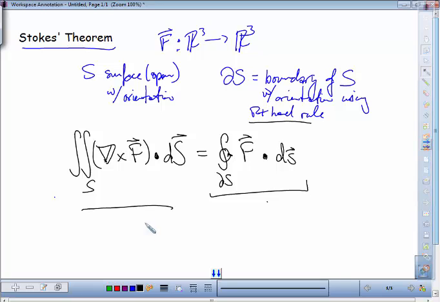So the idea behind this theorem is that there are problems where you can go from a flux to a line integral, and problems where you go from a line integral to a flux integral, and it depends on how the problem is given and which one will end up being easier for you.